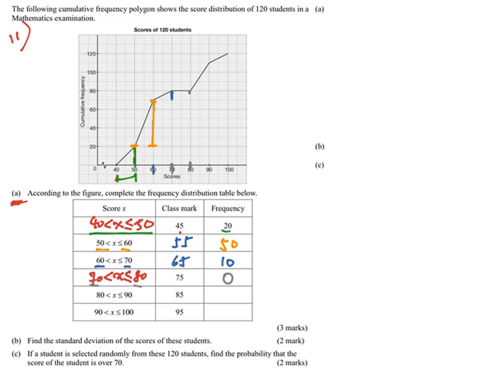And then next from 80 to 90. That means this height. So it is this 20 plus 10, so it's 30. Okay, lastly 90 to 100. So we'll see this height. So it is 10.